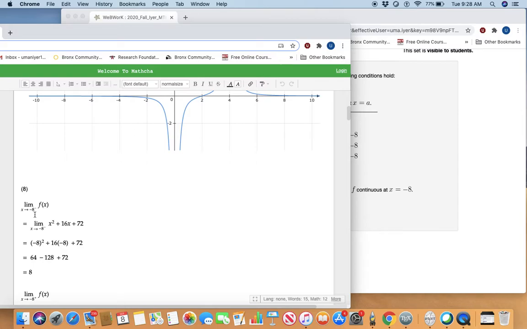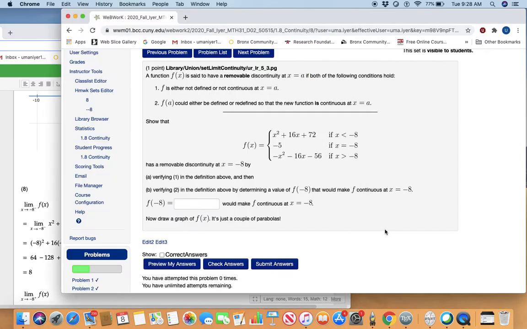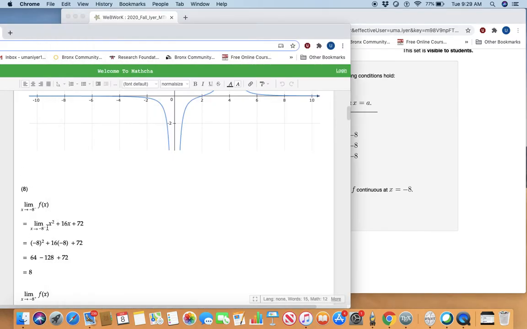When x approaches -8 from the left, x is less than -8, so that's the rule I apply. So plug in -8 in your expression, you get 64 plus 16 times -8 plus 72. 64 minus 128 plus 72, that's a positive 8.